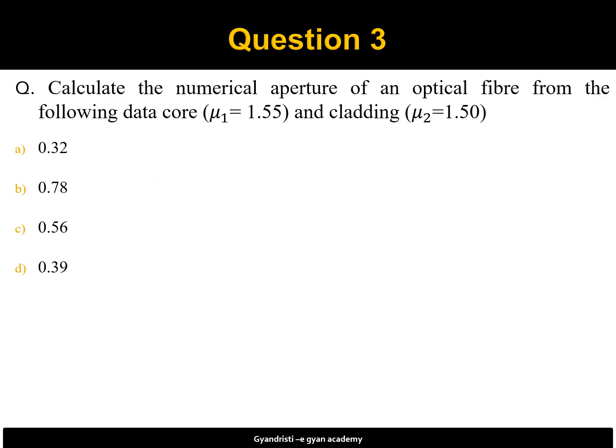In question number 3, it is asked that calculate the numerical aperture of an optical fiber from the following data. Refractive index of core is given, that is mu1 is equal to 1.55. Refractive index of cladding is also given, and it is mu2 is equal to 1.50. Now we have to calculate numerical aperture.